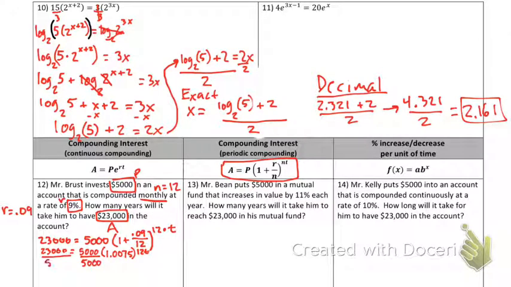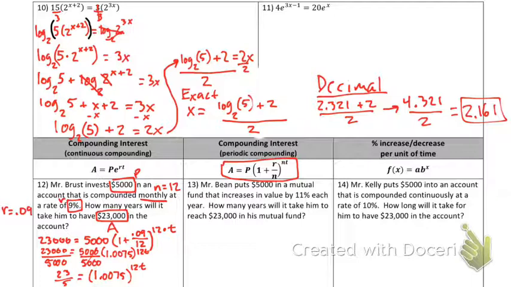And what you do to one side, do to the other. Now let's compute this. I want to reduce this here. The zeros eliminate, and we're left with 23 over 5 equal to 1.0075 to the 12t power.